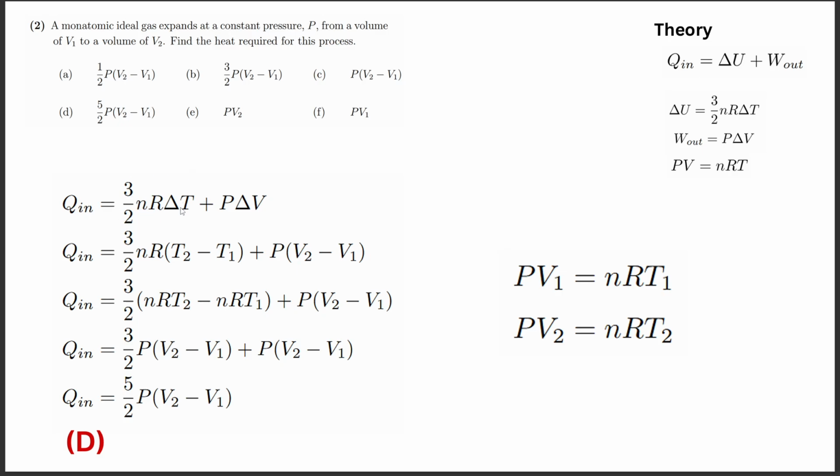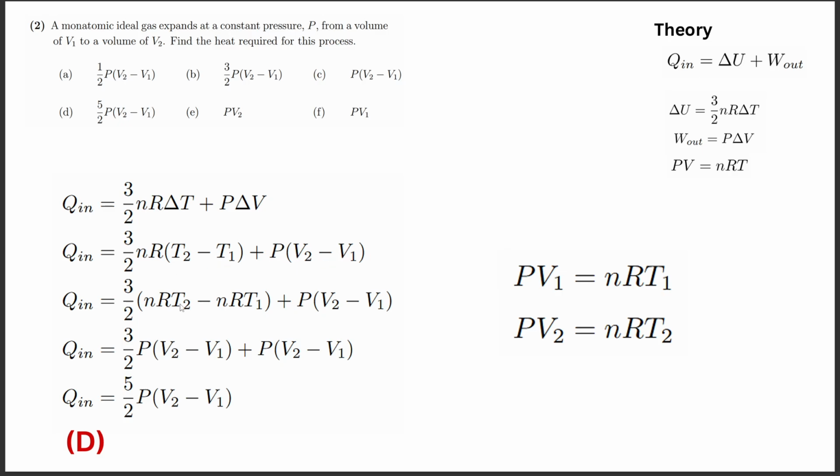And the change of the temperature is just the temperature after, let's say T2, minus the temperature before, let's say T1. And the change of the volume is just the volume after minus the volume before, that is from the problem V2 minus V1.